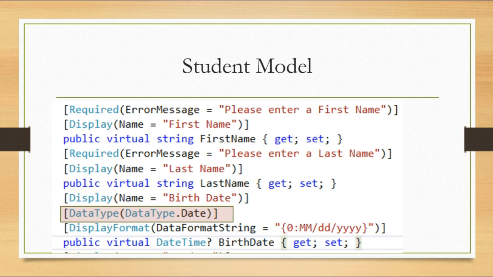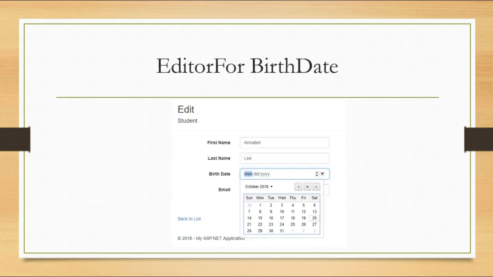Now let's see how this looks when we render this. So here's our editor. Notice for first name and last name, these are simple text boxes. But for birth date, notice it has a pop-up calendar. Again, our code was the same.